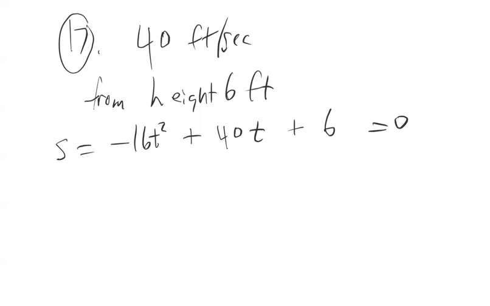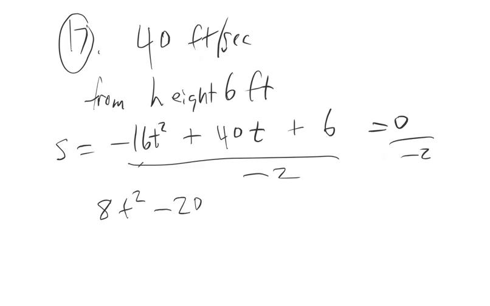So to solve it, I could divide the whole equation by -2. So I'm going to divide this by -2 and divide that by -2. So then I'll get positive 8t squared minus 20t, and then positive 6 divided by -2 is -3, equals 0. Because 0 divided by -2 is 0.